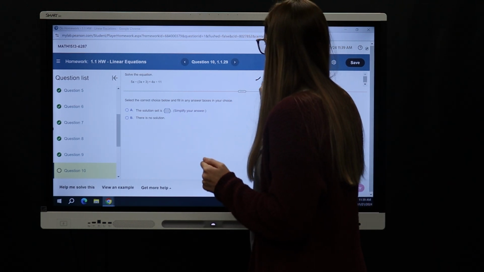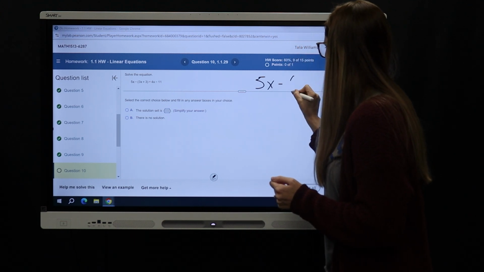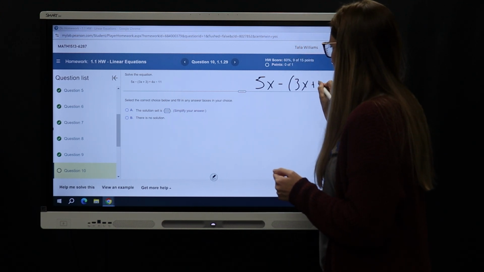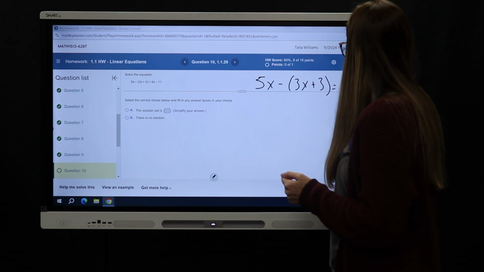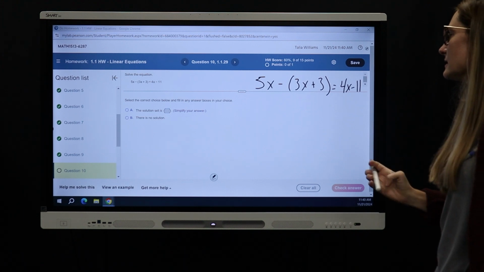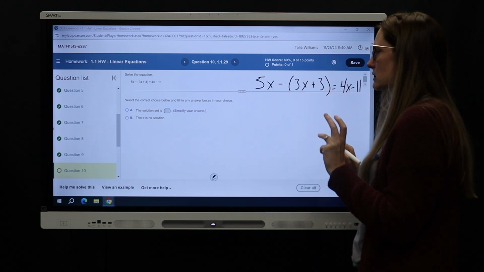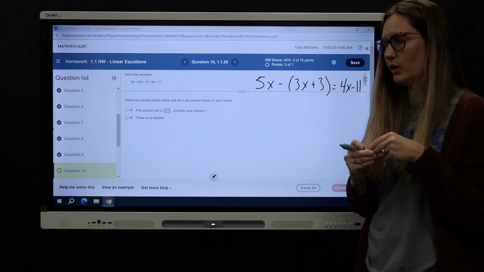Okay, we have 5x, my 5s are weird, we'll get used to that. 3x plus 3 equals 4x subtract 11. Since there's this subtract in front, we're subtracting all of this, which is kind of like distributing a negative 1.